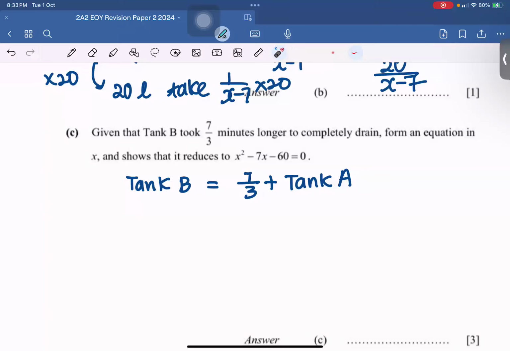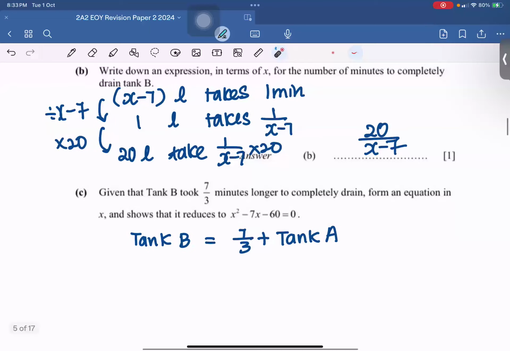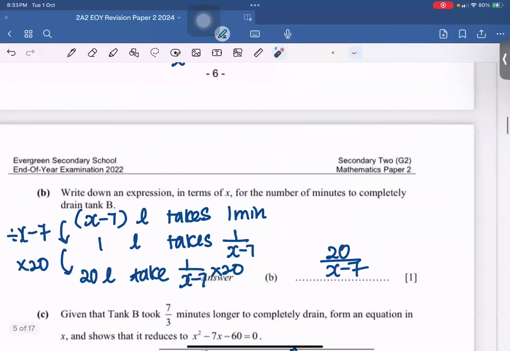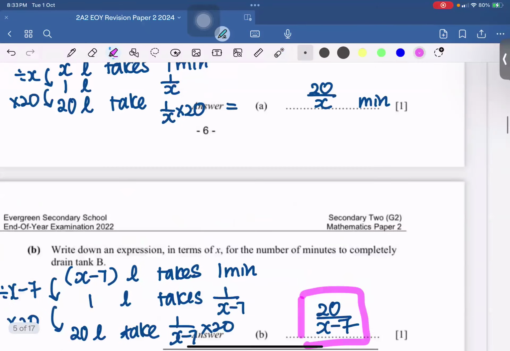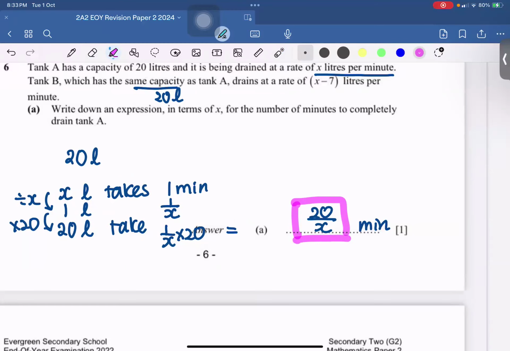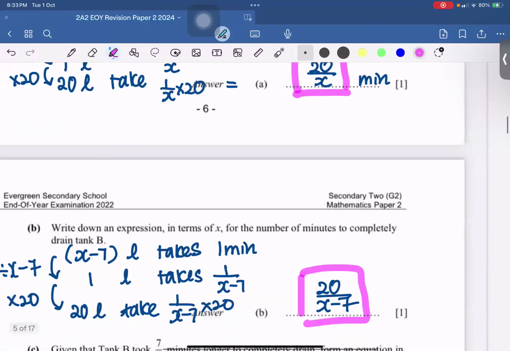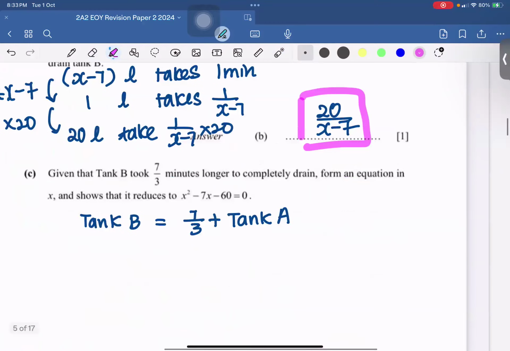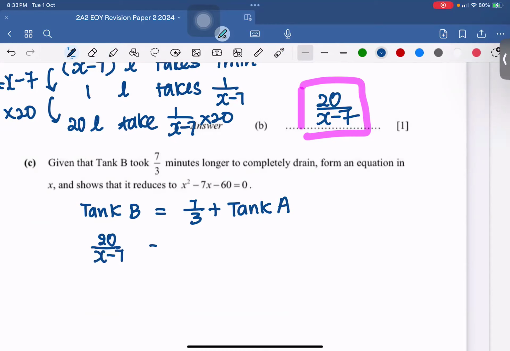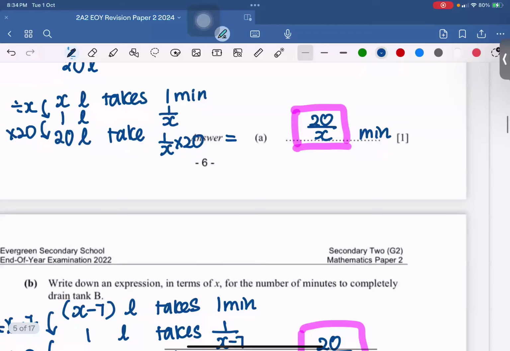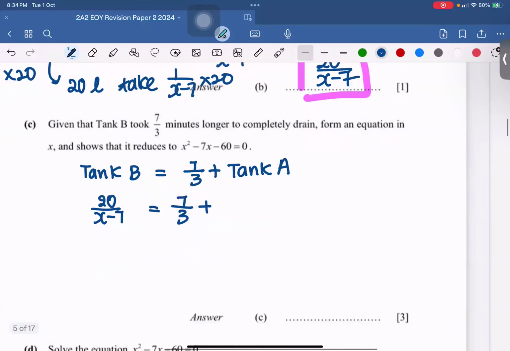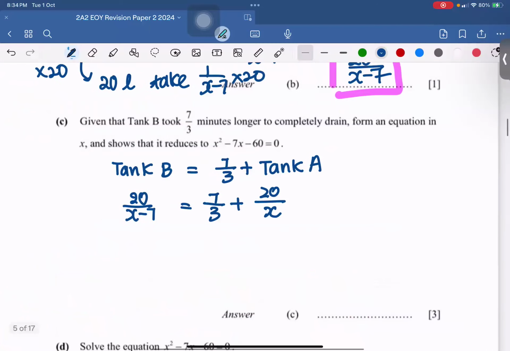Now let us replace. Tank B is which answer? Is it the 20 over x minus 7 or is it the 20 over x? Which one? 20 over x minus 7. Correct. So tank B is 20 over x minus 7 equals 7 over 3 plus tank A. Which one is my tank A? 20 over x. Correct. Now, before you shift, no, I'm not going to shift.